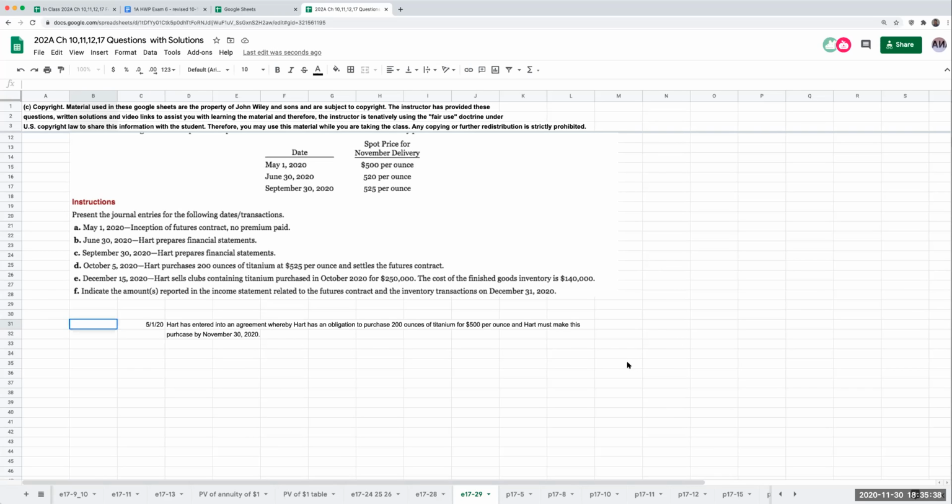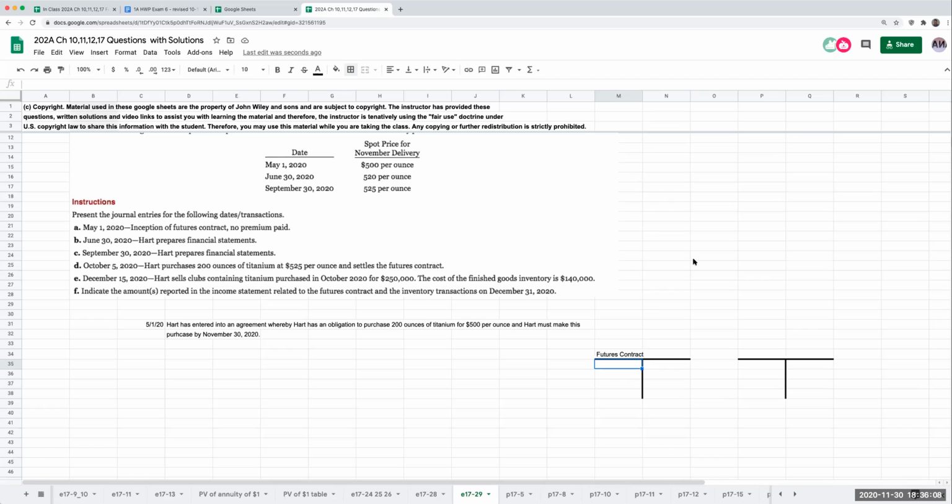Okay, so now on June 30th, Hart is preparing its financial statements. And guess what? The value of this contract, which we'll be calling a futures contract, has gone up in value. Why is that? Because the price is now $520 per ounce.